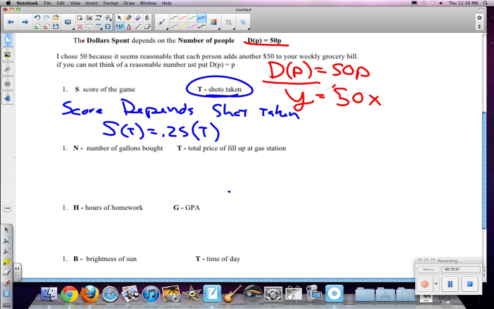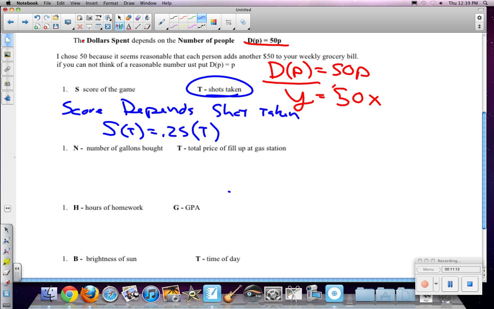Now, if you were playing basketball, then you might have a different ratio there. Or you could say 2 points or 1 point for every shot taken, so that when you get 2, you get a bucket. How about 4 pointers? I like how they're all number 1. Whoops. Guess I should fix that.